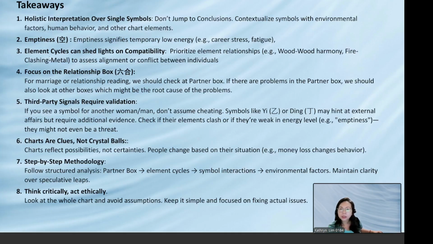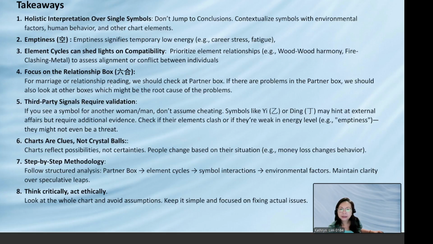Looking at the element cycle, we can understand whether there's compatibility, like wood and wood is harmony, and fire and metal is a clash.